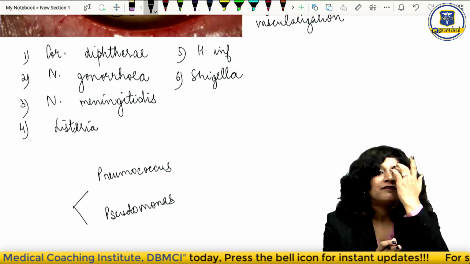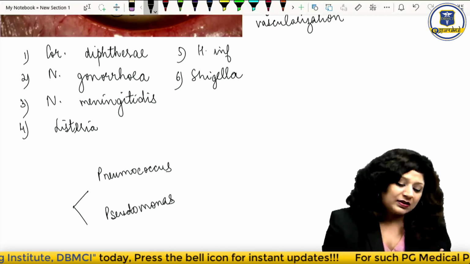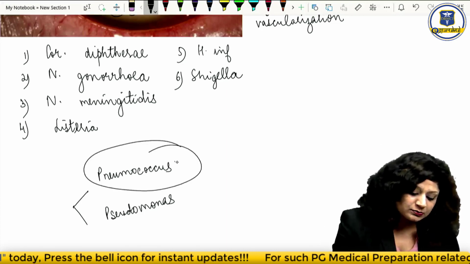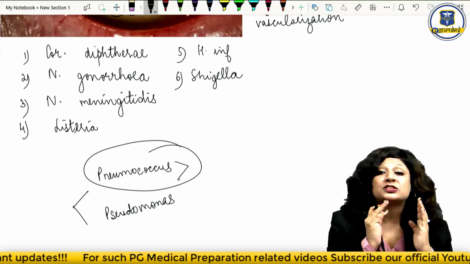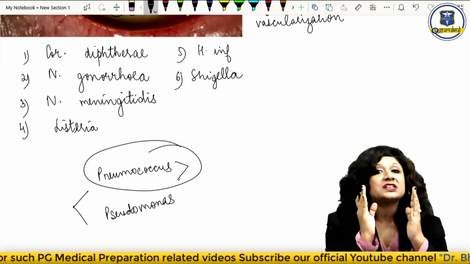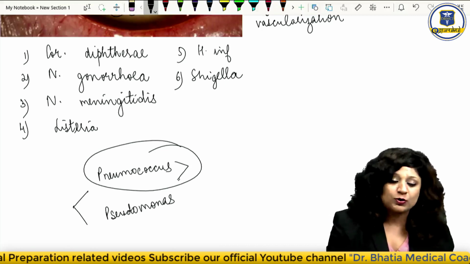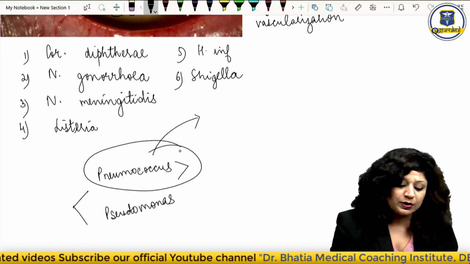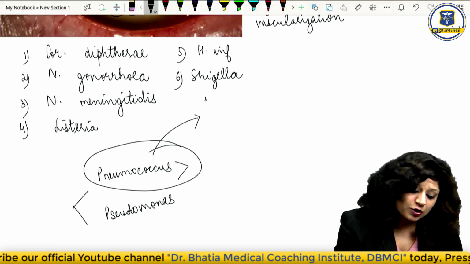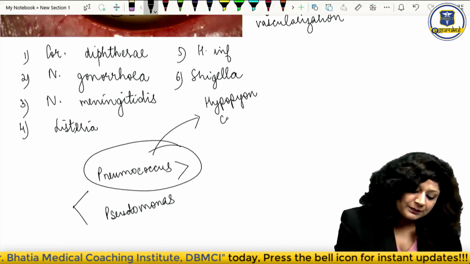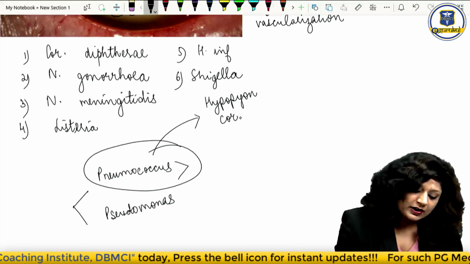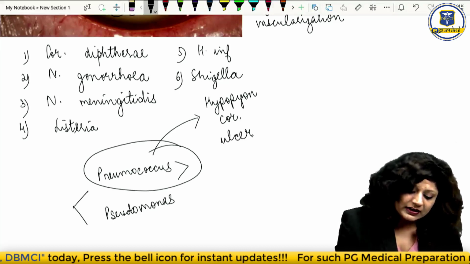If both are given and you have to choose only one, then go with the pneumococcus. It is more dangerous in comparison to the Pseudomonas. Hypopyon is such a prominent feature of pneumococcus that this ulcer is also called the hypopyon corneal ulcer.